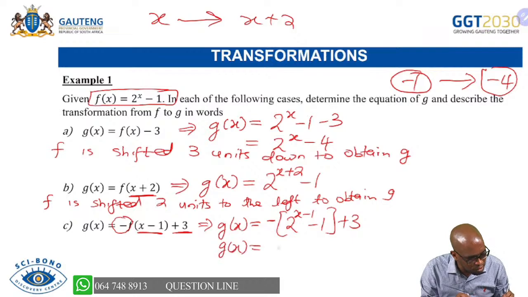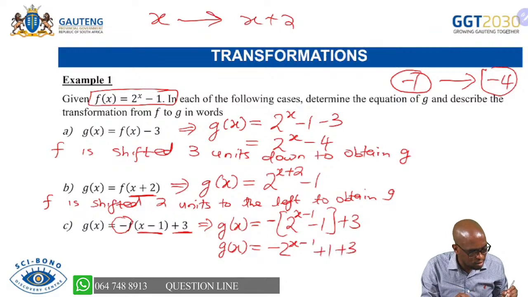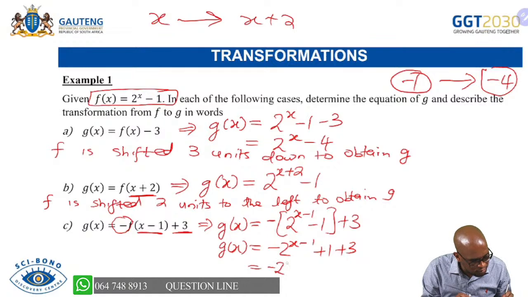G of x would be minus 2 to the x minus 1 plus 1 plus 3. Now, if you look at this, you get this as negative 2 to the x minus 1 plus 4.